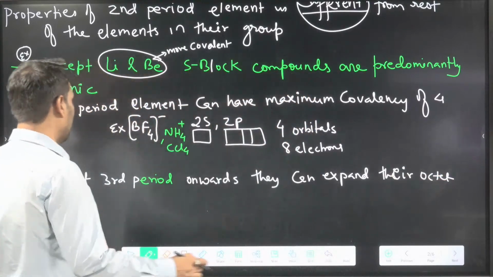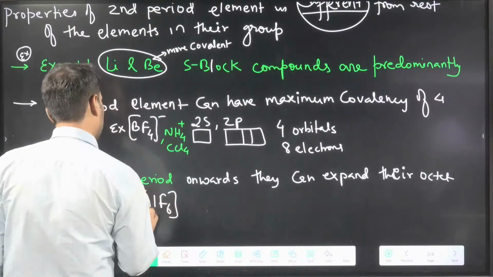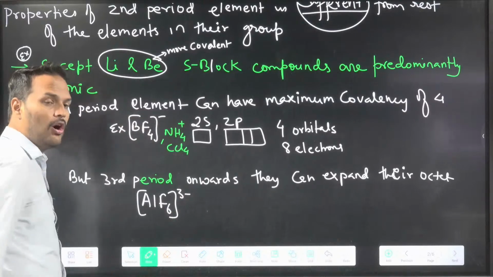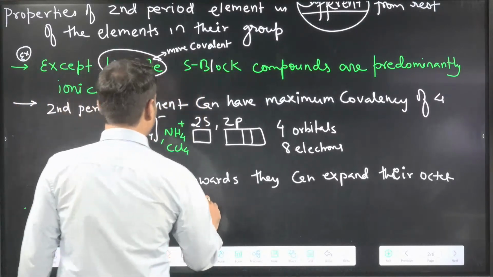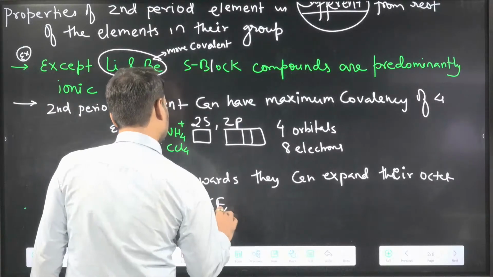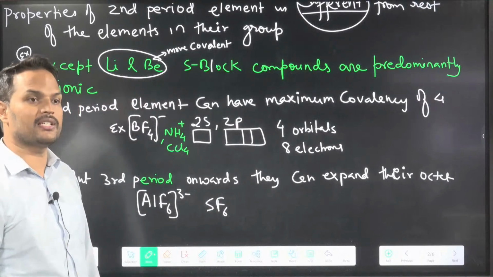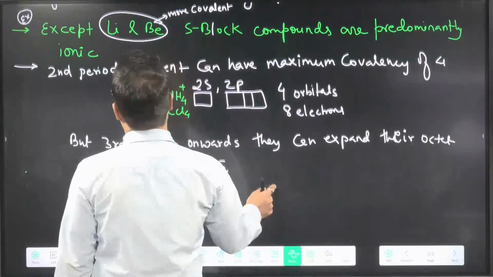They can have more than 4 bonds. What example do they write? AlF6 minus. See, boron is having 4 bonds only, but aluminium can form 6 bonds. ठीक है ना? You know SF6, 6 bonds. H2SO4, sulfur is having 6 bonds. So this is the second anomalous property.